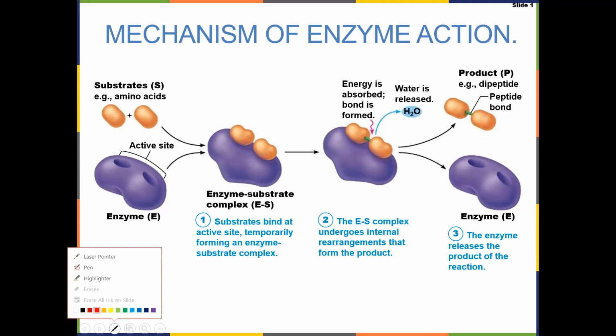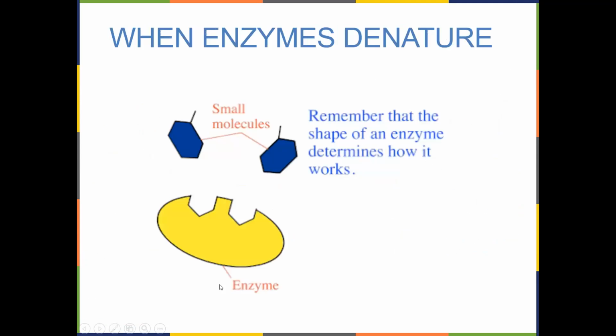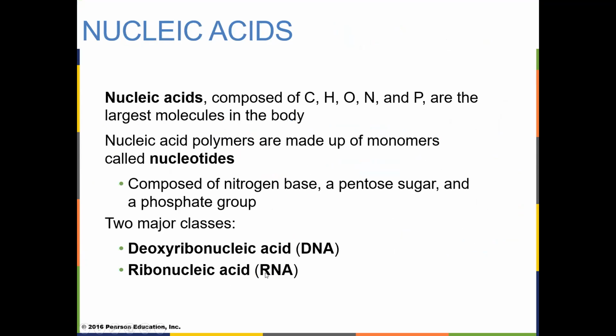I showed you that already. Okay, so talking about amino acids and proteins, let's talk about the instructions that we follow to link amino acids together. The nucleic acids are the fourth category of biological molecules. They are also made up of carbon, hydrogen, oxygen, and nitrogen, and phosphorus, just like the proteins are.